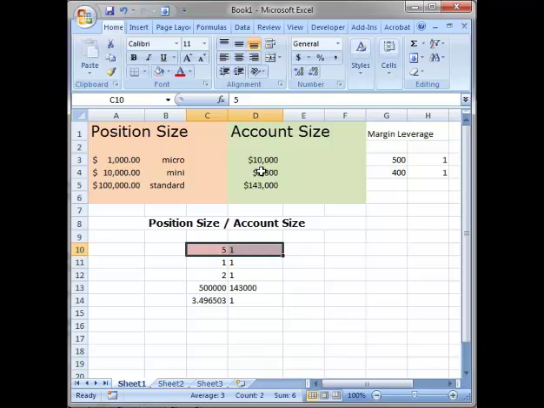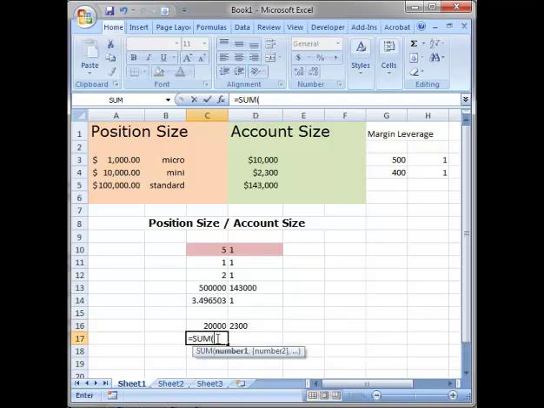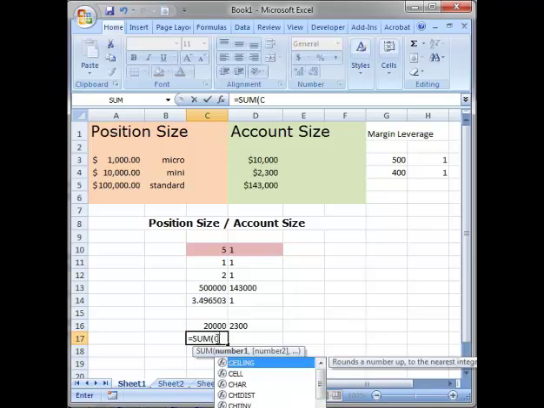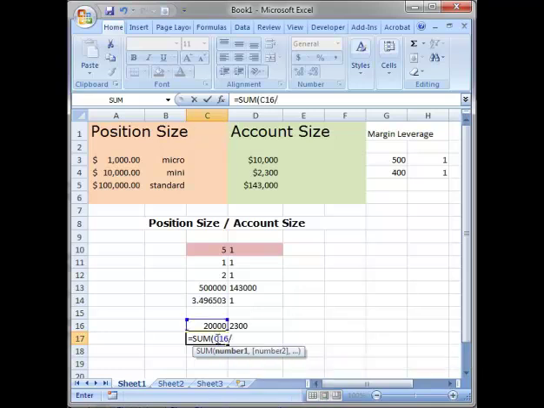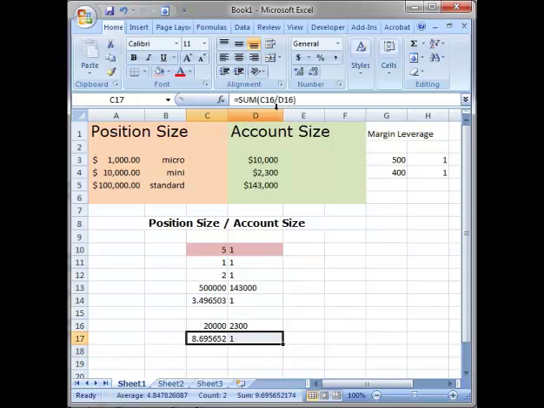If you had an account size of 2,300 and you were trading 2 mini lots, you have to calculate the same way. So you have 20,000 in contract size and 2,300 in your account. What you want to do is take that contract size, C16, divided by our account size, which is D16. And it tells us that we're leveraged 8.69 to 1. This is what you do not want.